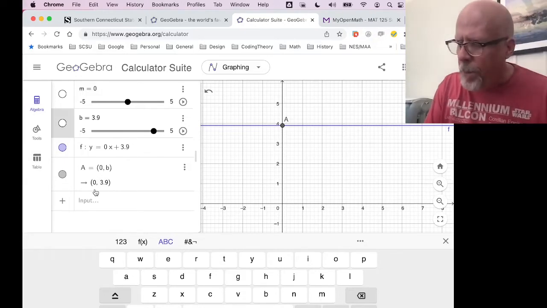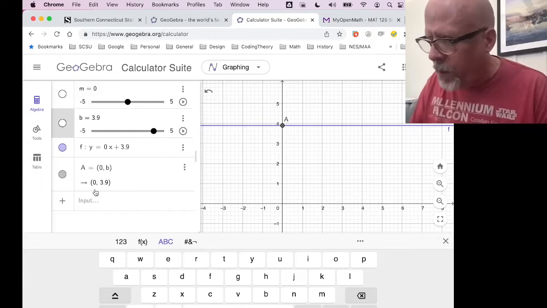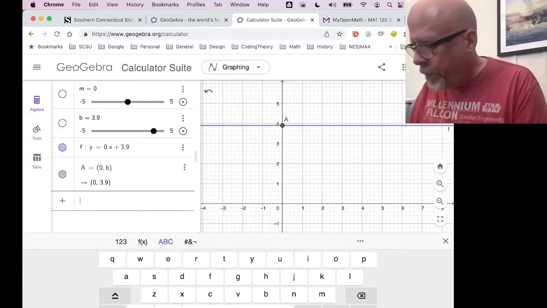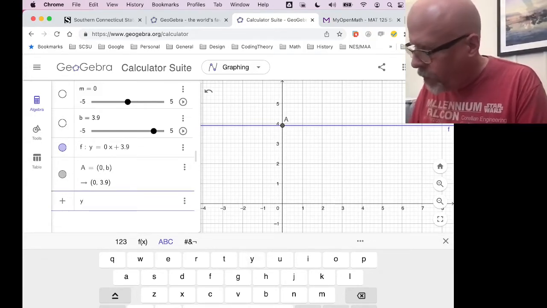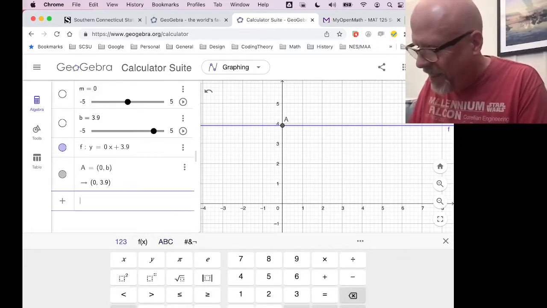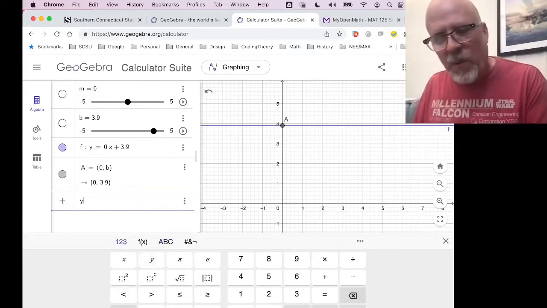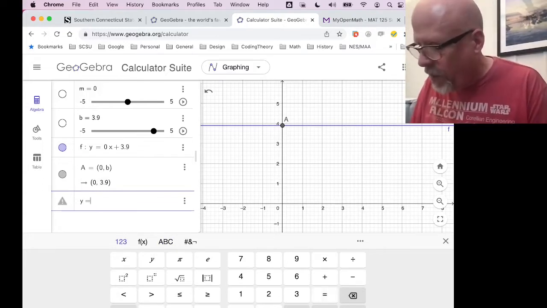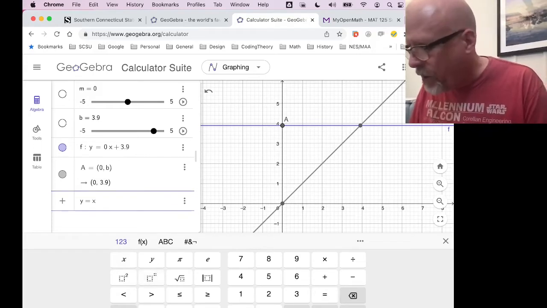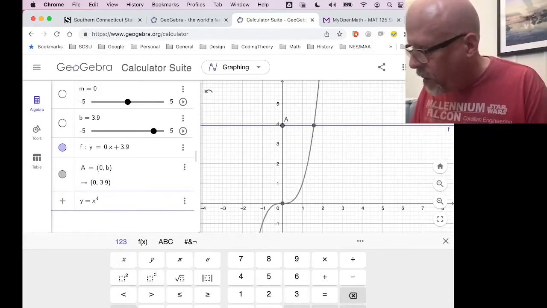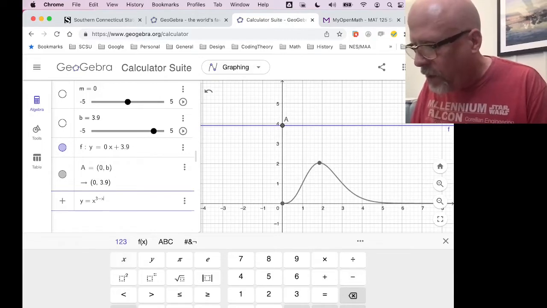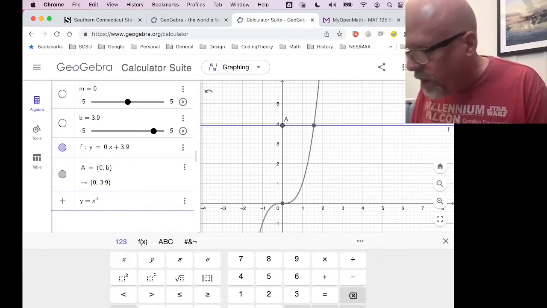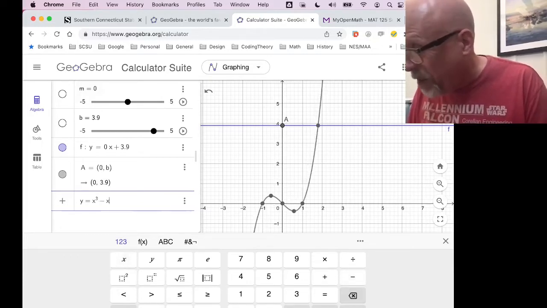So let me try that right here in GeoGebra. So we'll say y. Well, I don't want to use that y. Go back to the proper y. There's a difference between the y variable and the y letter. Watch out for that. y equals, how about x raised to the third power, minus x to the, how about second power?